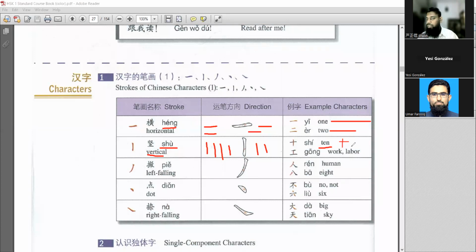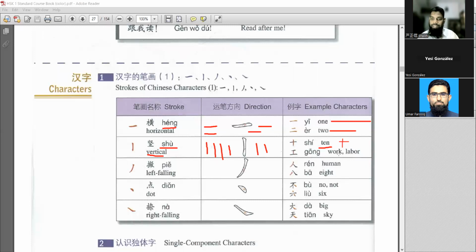So this hung and shu combine together and they make the Chinese character. And what if I write this character there in the notebook? Okay, let's move further. I'm not going to write it now. Shi means 10.